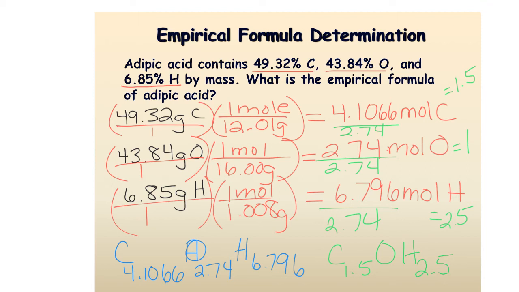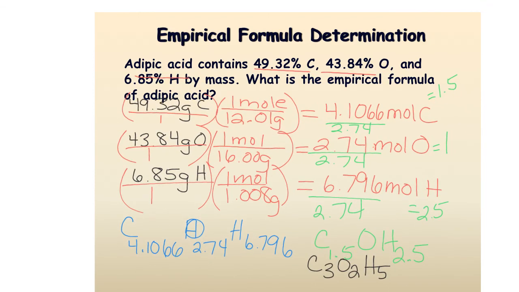So if we multiply by 2, then we would get C3O2H5. Now we would finally have our whole number, and we finally have our final answer.